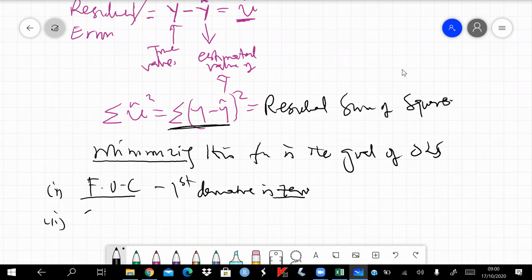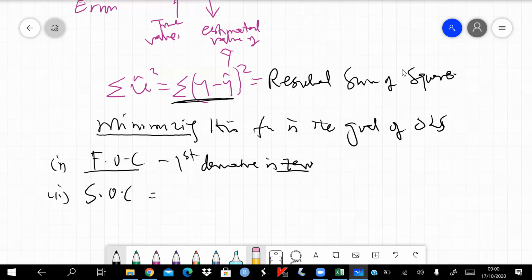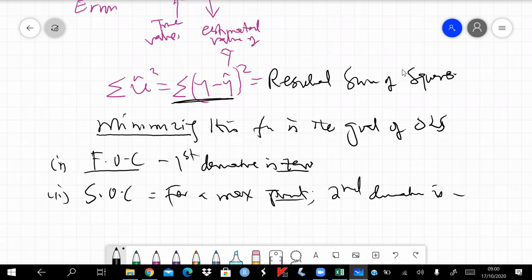The second order condition has two parts. For a maximum point, the second derivative is negative.